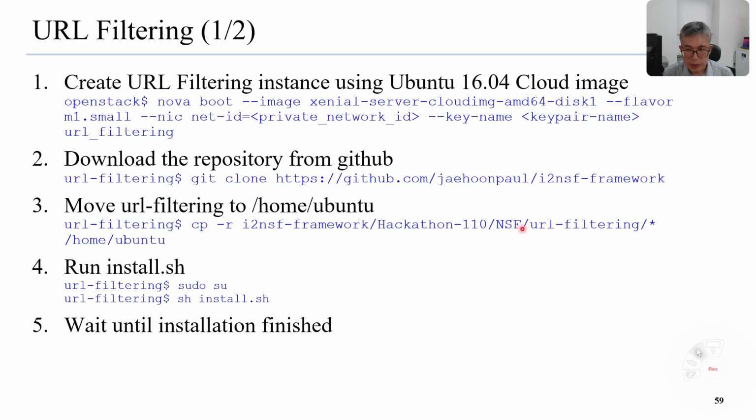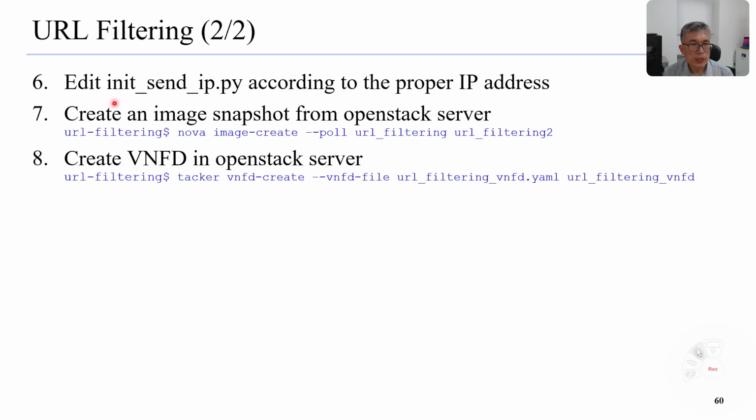Copy the files into your home directory, run the install shell file, and wait until the installation finishes. Then edit the send IP Python file according to the purple IP address, create an image snapshot from the OpenStack server, and create the VNFD in the OpenStack server.